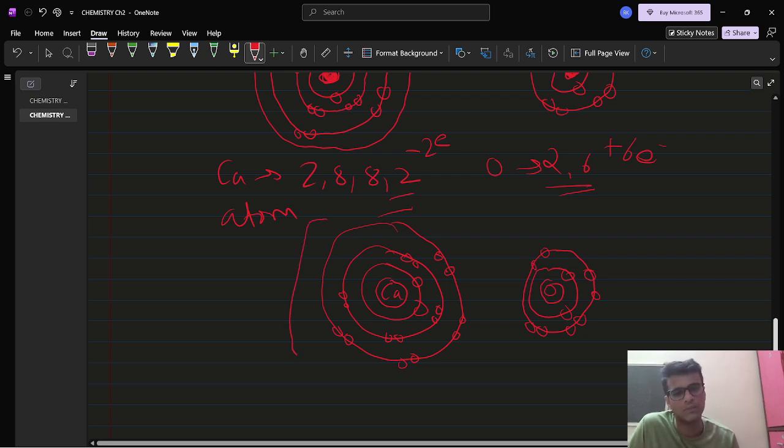So both became stable. इधर 2 plus sign लगा दिया. इसको 2 plus, इसको 2 minus, and then this is called CaO. Compound is formed.